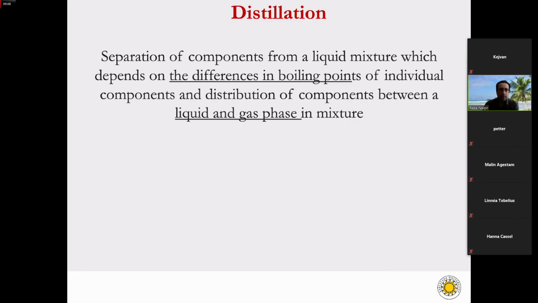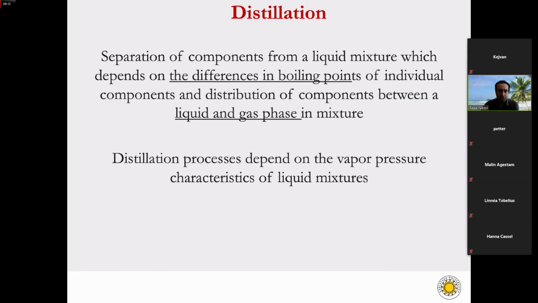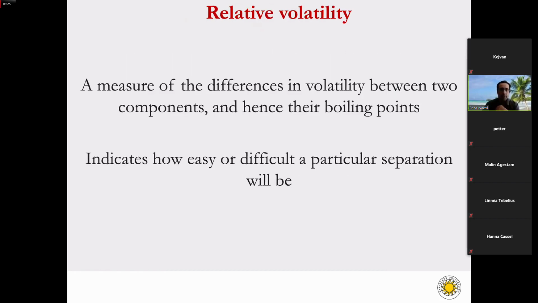And normally the components are distributed between the liquid and gas phase in the mixture. The distillation process depends mainly on the vapor pressure characteristics of liquid mixtures, which is some sort of description of the volatility or the relative volatility. So the relative volatility is very important.